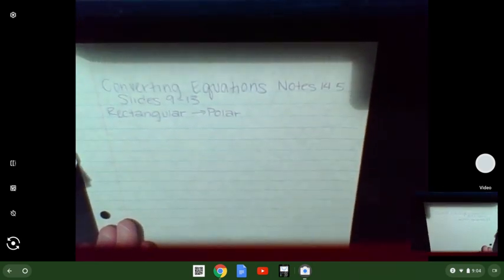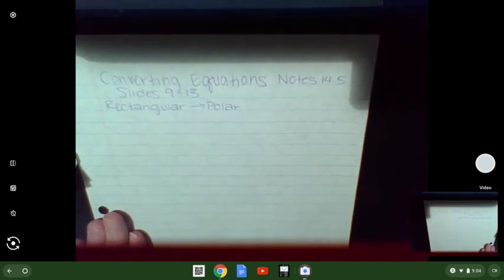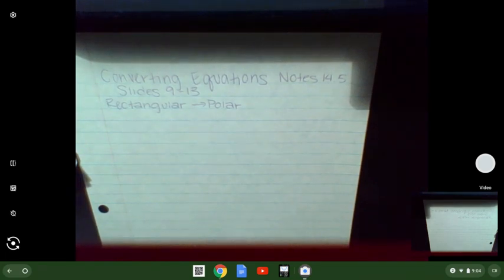Notes 14.5, we're continuing. Slides 9 through 13, like I said. The equations that we use to convert between rectangular and polar coordinates are really going to be the keys for converting between rectangular and polar equations.